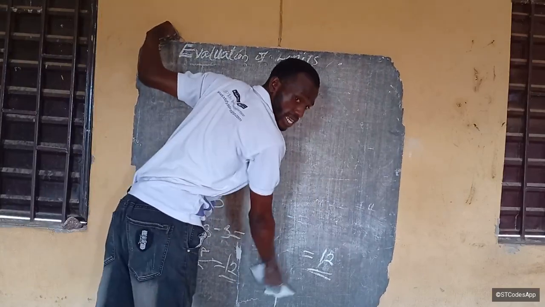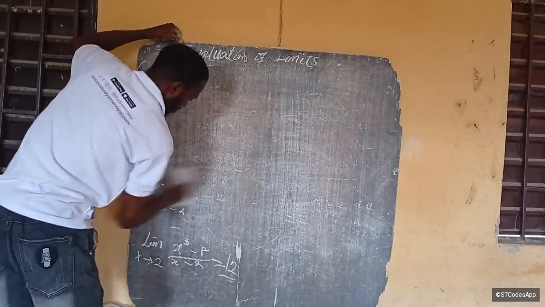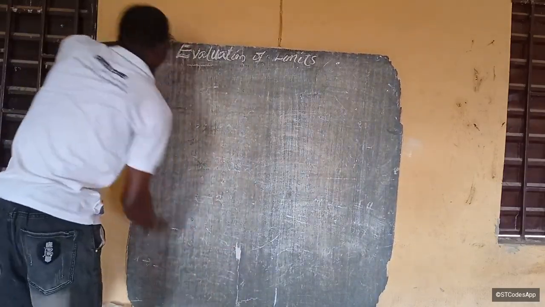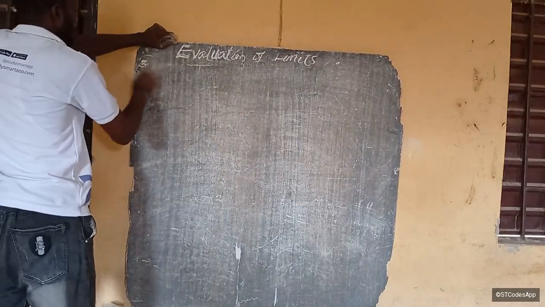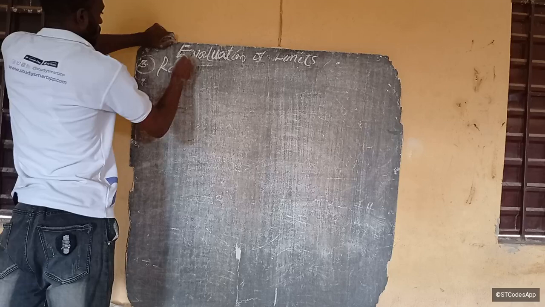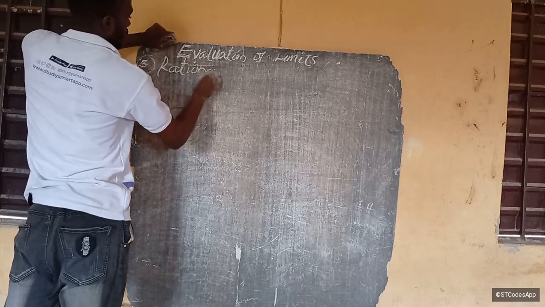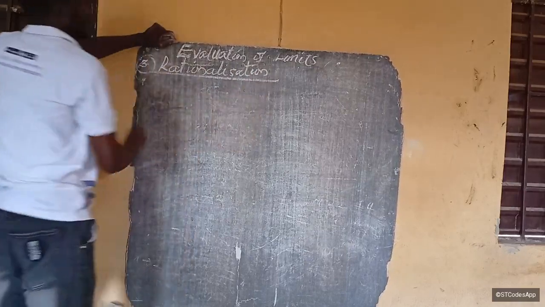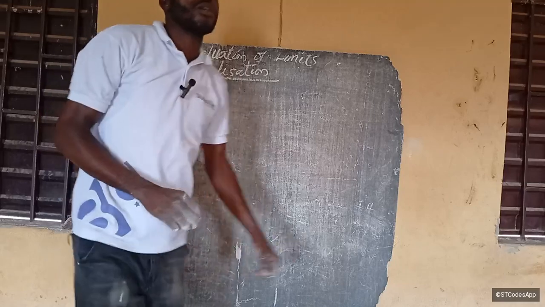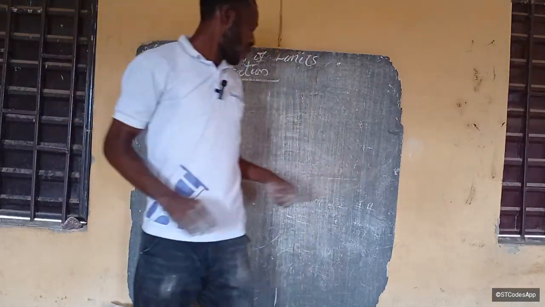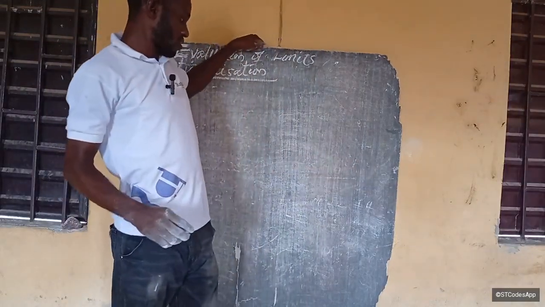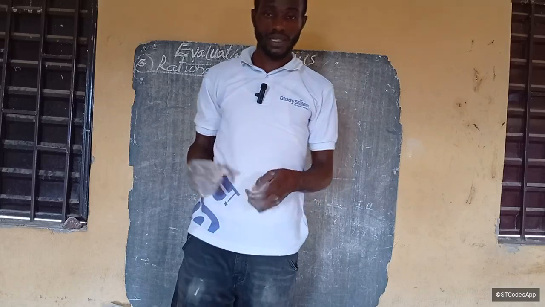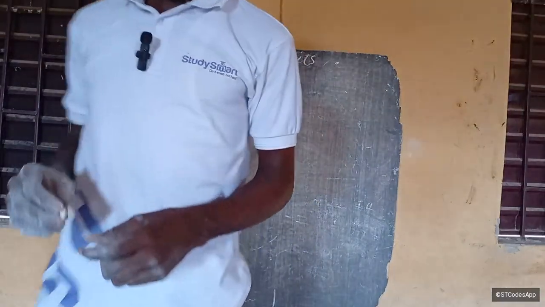The method of rationalization, number 3 rule. Of course, for us to rationalize, it means there's going to be an irrational number or a surd. So let's take a question.